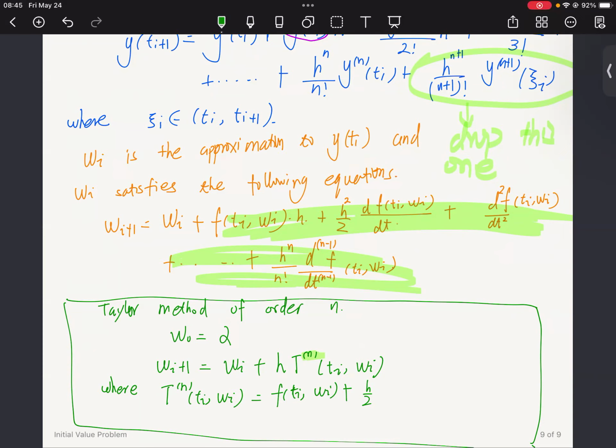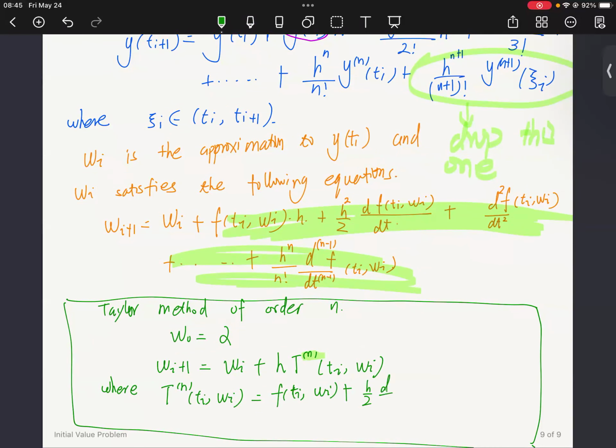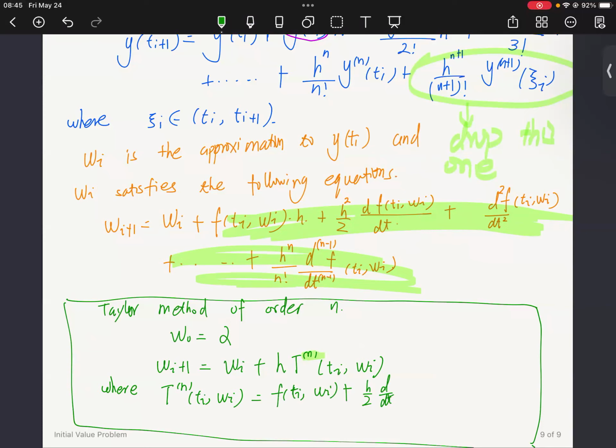I should write the d/dt notation, compared to the textbook. I like to use the d and dt notation because it is clear that we are taking the derivative with respect to the t variable at Ti and Wi. Plus, oh, I should write this one as h squared divided by 3 factorial.